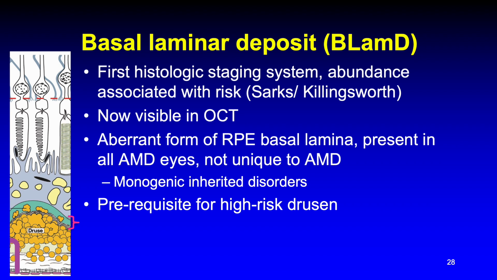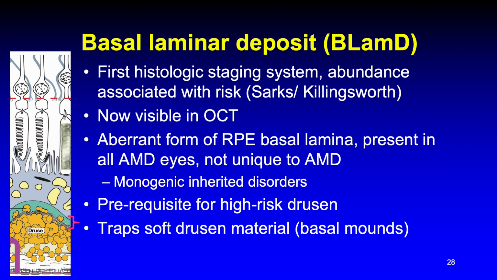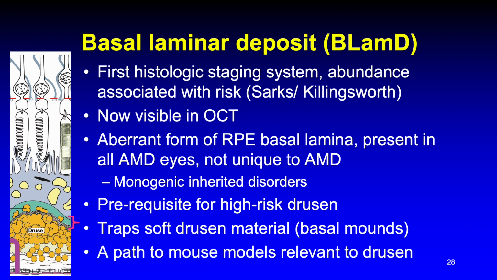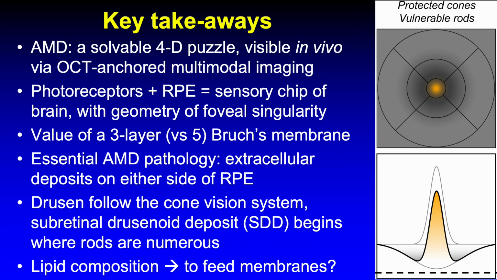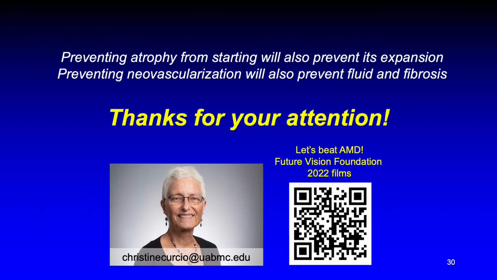It's a prerequisite for high-risk drusen. It traps soft drusen material within it as basal mounds, and a path to mouse models relevant to drusen is available through different animals that have BLamD. Here again are the key takeaway points from the 4 tutorials, and I thank you for your attention today.